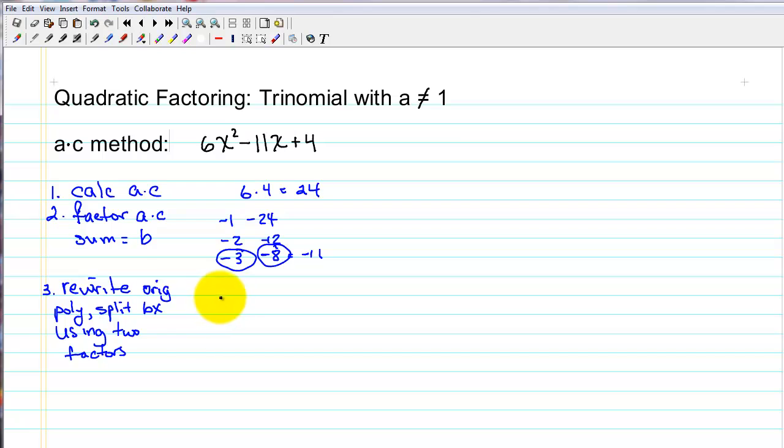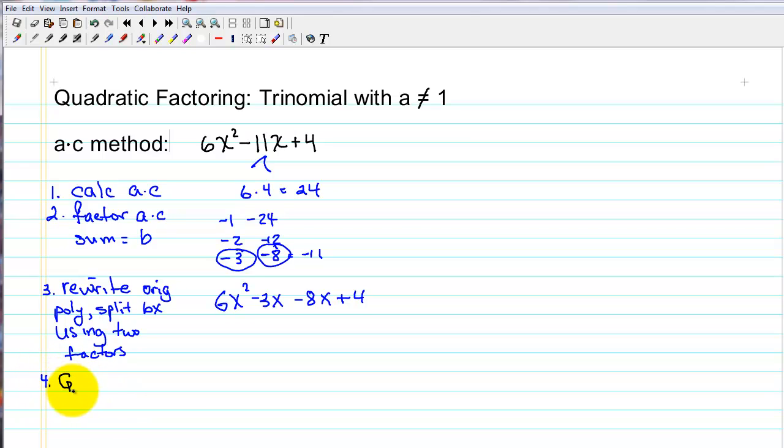So we're going to leave our 6x squared, and now we're going to split this into two parts using those terms. So I get negative 3x and minus 8x plus 4. So if we simplify this, we still have our original polynomial so that we haven't changed it.